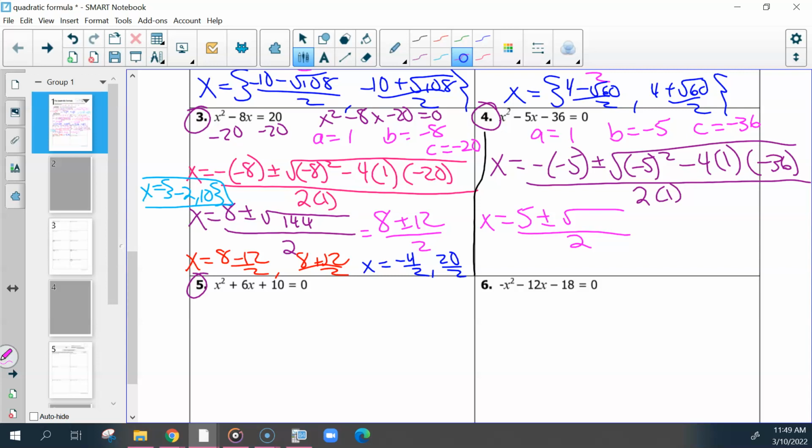Is that a perfect square? Yes. The square root of 169 is what? 13. So we have 5 plus or minus 13 over 2.